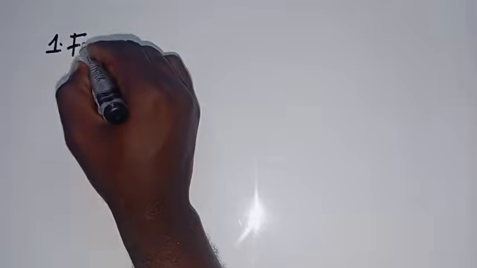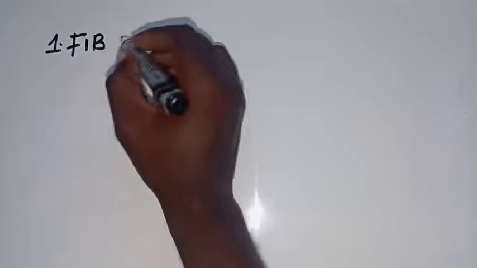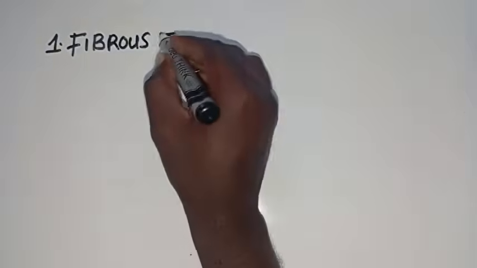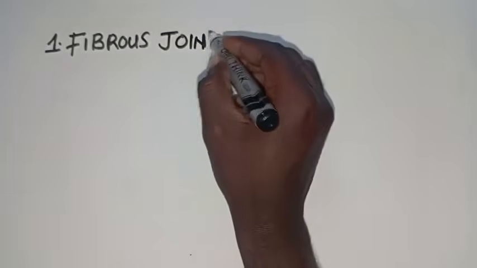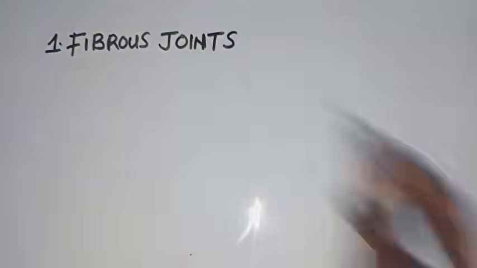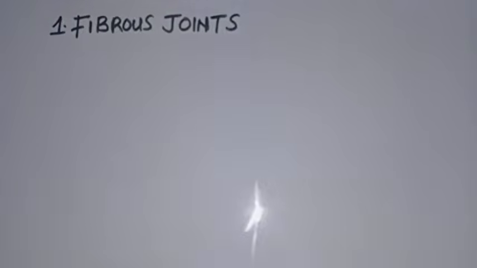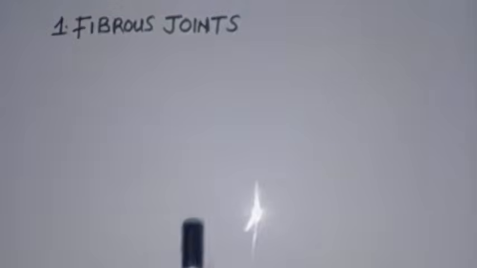The first type of joint that we are going to start with is what is called a fibrous joint. Fibrous joints. These are the ones that we are going to start with. What are these joints now?